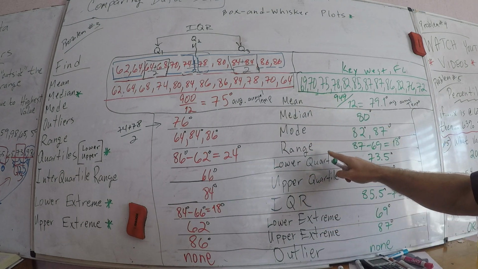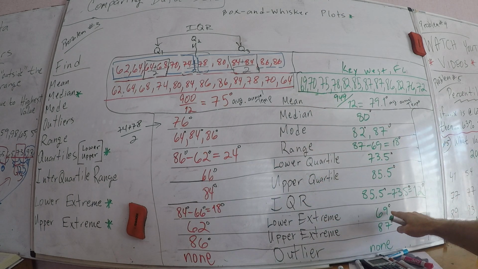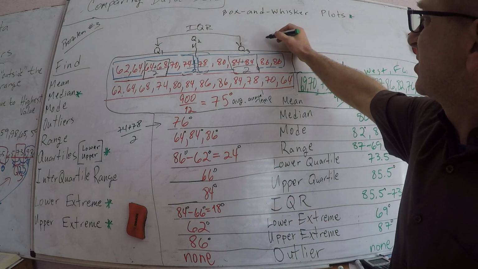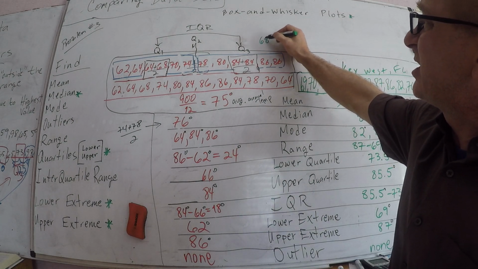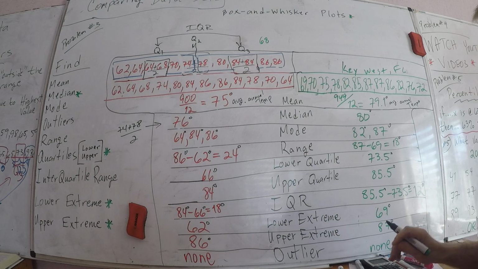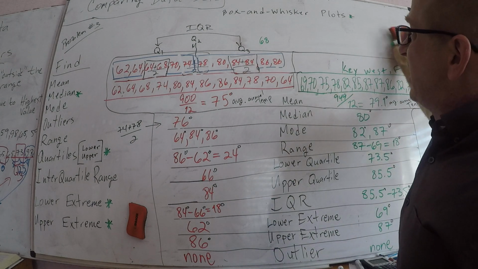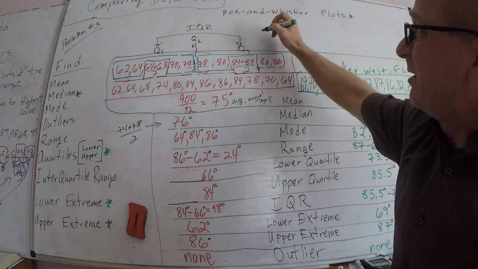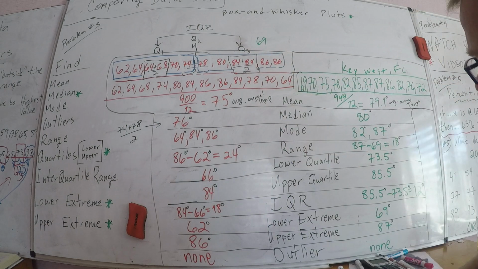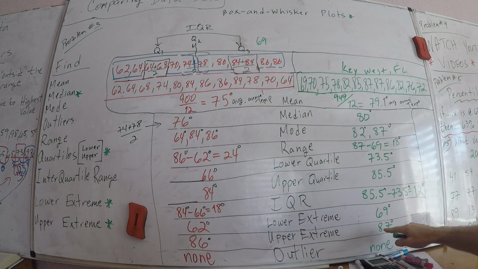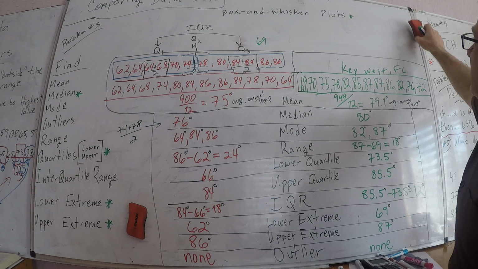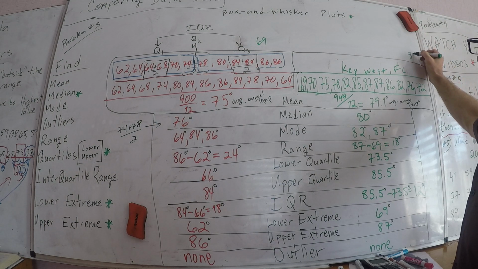My lower extreme is 69. So I'll start at 68. And then, no, I'll just go to 69. I don't want to make it confusing, as I already did. 69. And our upper extreme, our highest value, is 87.